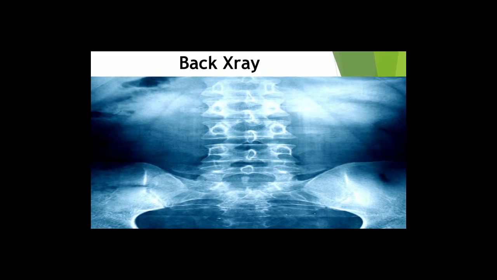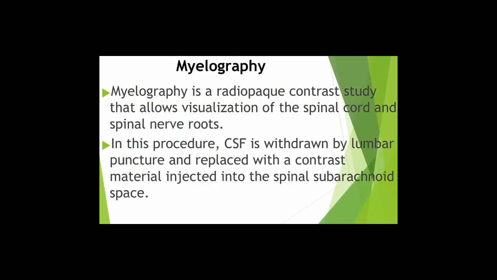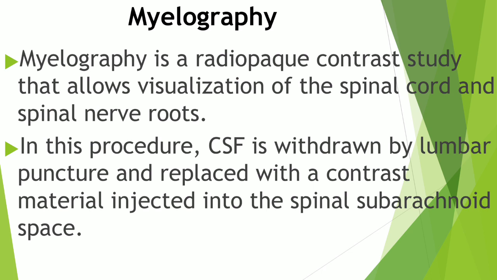That's the X-ray. Still considering medical imaging of the back, myelography must be mentioned. In myelography, what do you do? You introduce a radio-opaque contrast substance, and this allows visualization of the spinal cord and spinal nerve roots. With X-ray, what you see is mainly the hard tissues like the vertebral bones.